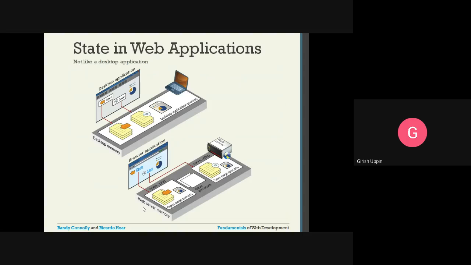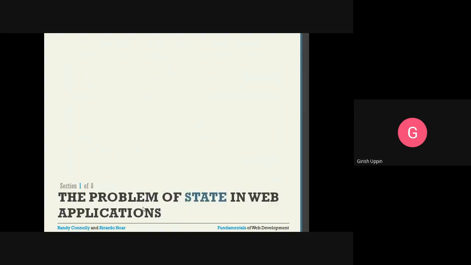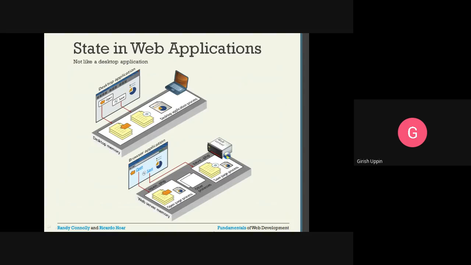First, we'll understand the problem of state in a web application. So, what is a state? State is nothing but the current user information. What files has he accessed? What updates has he made? Comprising all the information, maybe his IP address, his location.